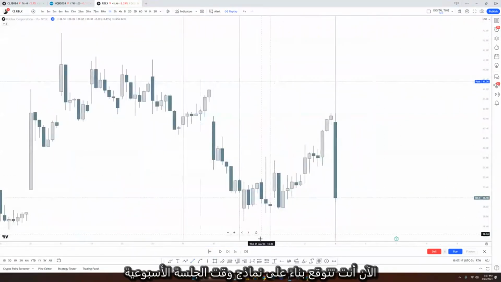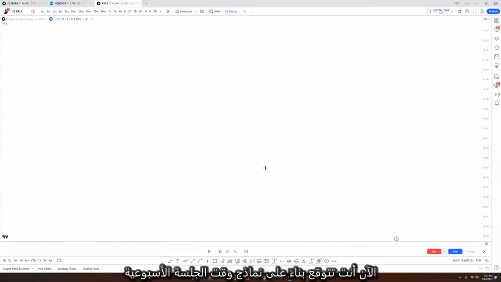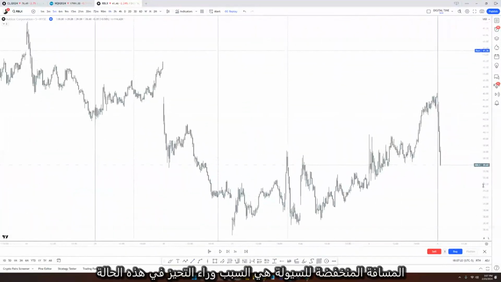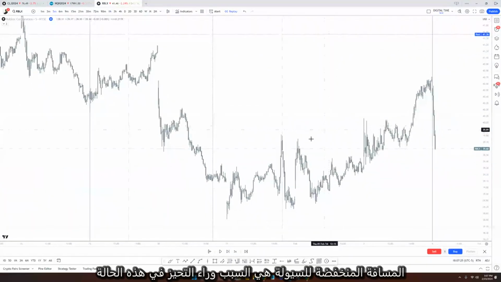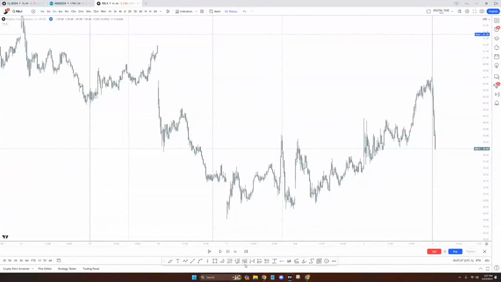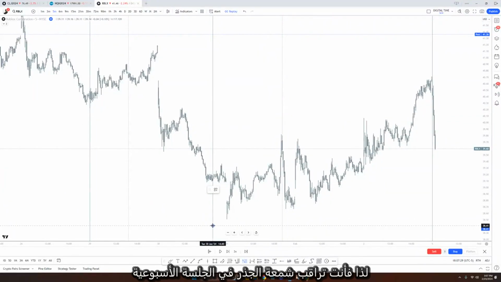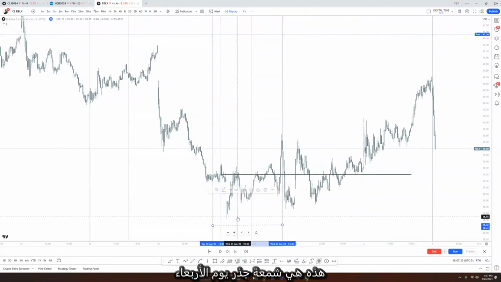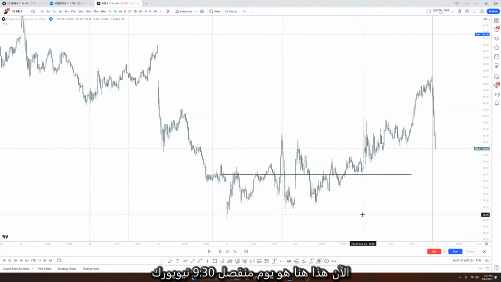Now, you're expecting, based off the weekly session time models, continuation towards what? The low resistance liquidity. So buy side in this case, right? So you're observing the weekly session root candle, that's the Ash Wednesday root candle.